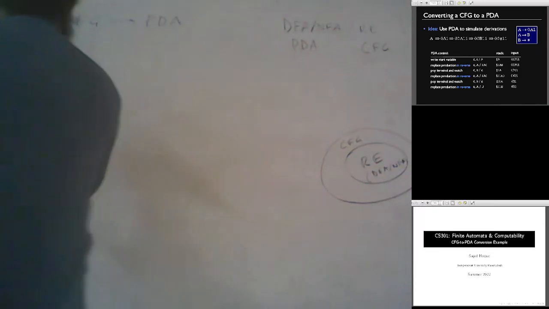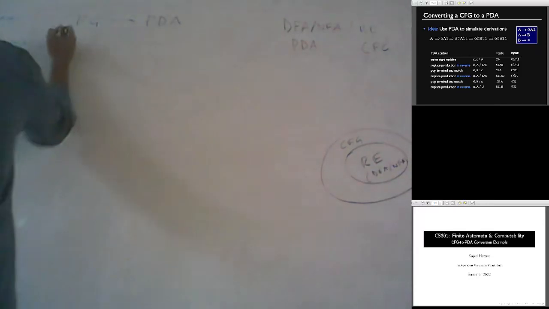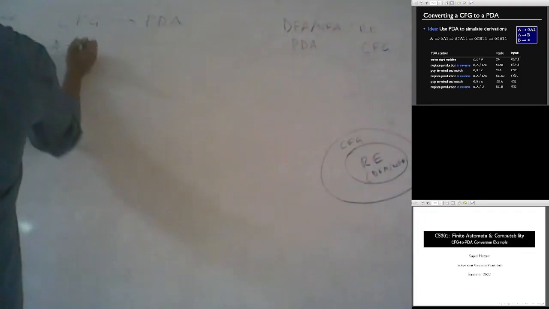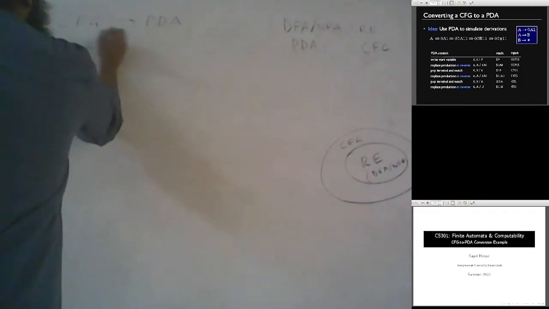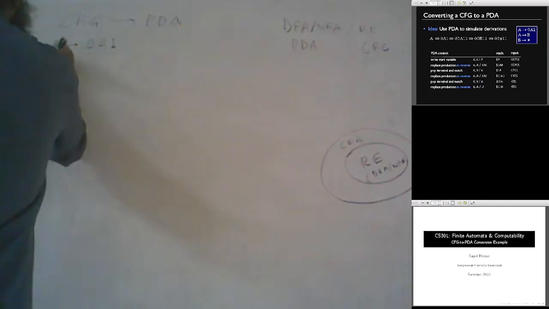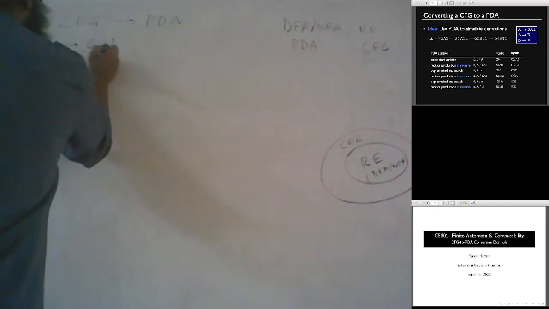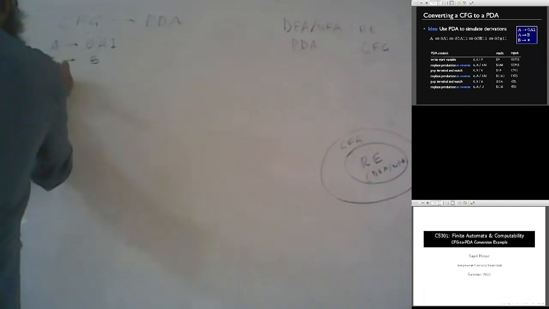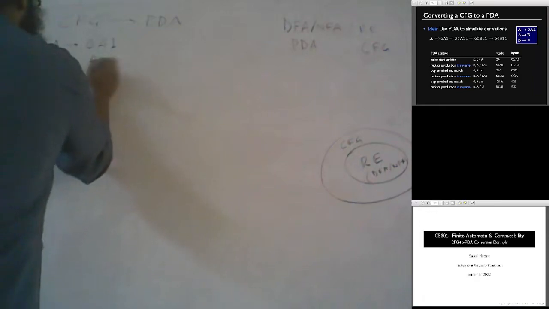Let's actually look at an example. So let's look at this example of a context-free grammar. A goes to 0A1. A goes to B, and then B goes to the hashtag.